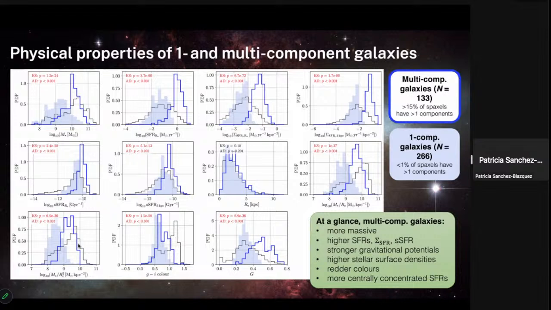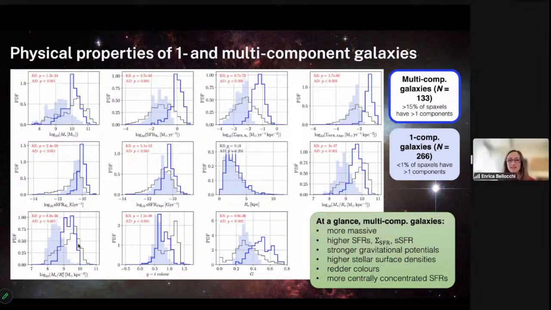Yeah, that's a really good point. I haven't looked into that, but it will be pretty easy to do because we already have measurements of continuum strength right next to H alpha, so it'll be really quick to check whether that's the case. That's a good idea. Okay, thank you.